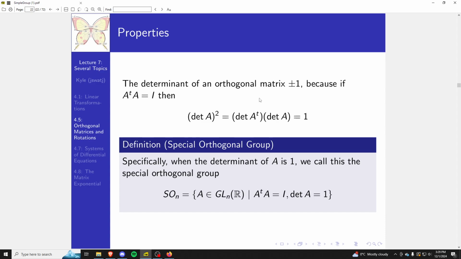Because the determinant of the identity is also 1. So it's either plus or minus 1. You can have negative and negative or plus and plus. Specifically, when the determinant of these matrices is 1, this is called the special orthogonal group, or SO of n.